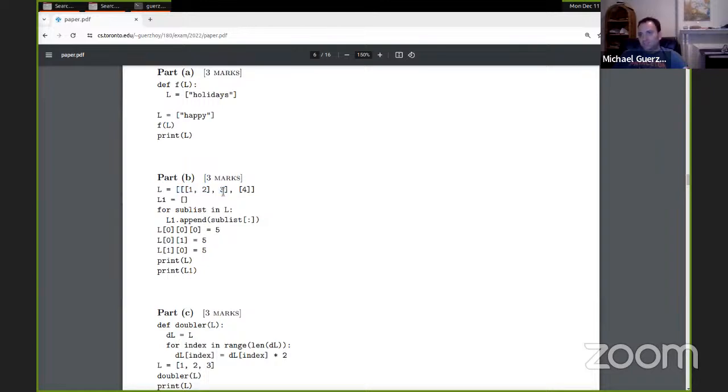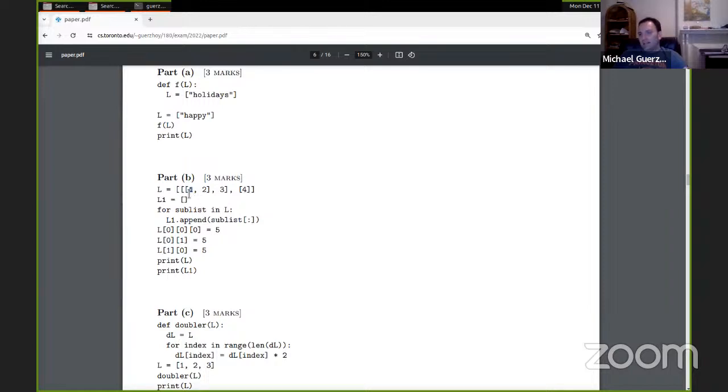So this means that if you modify this, you're fine, but this list is aliased to L1 at 0 at 0. So when you say L at 0 at 0 at 0 is equal to 5, this becomes 5, and that affects L1 as well.